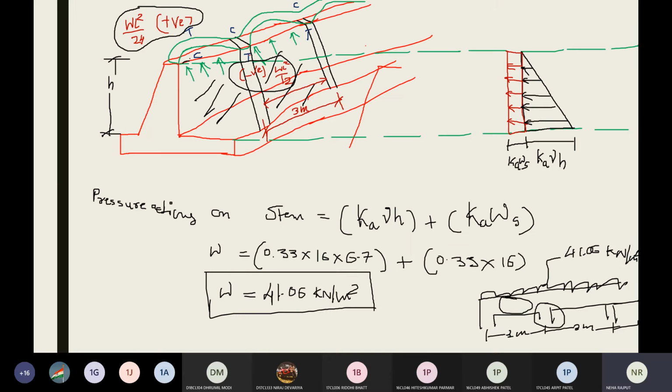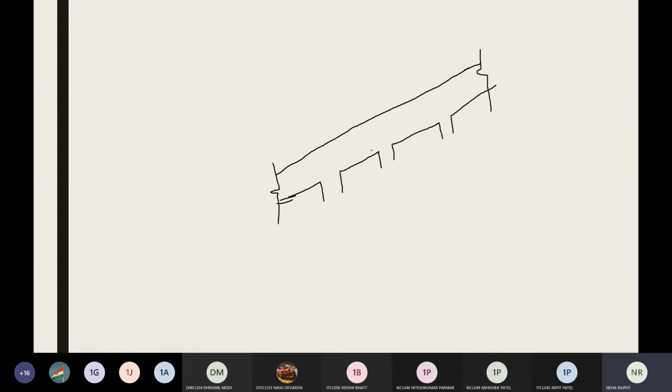In this diagram, you can see this tension is at bottom. Right, so here you are going to provide your reinforcement. I'm just taking this portion only to show you the tension reinforcement. Right, so this is my 12 mm diameter at 190 mm center to center.